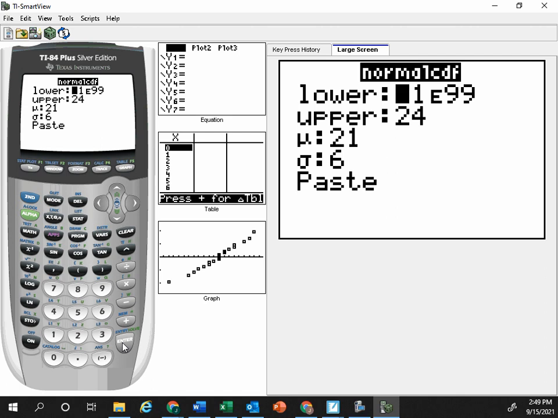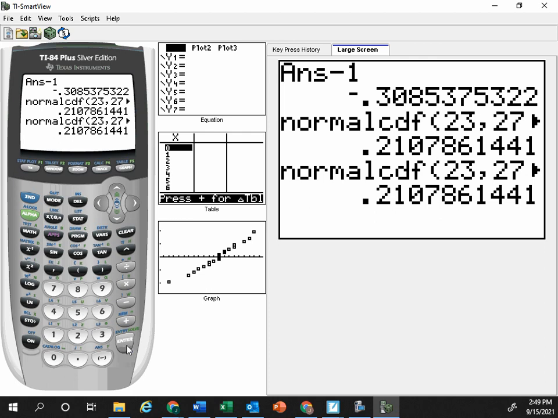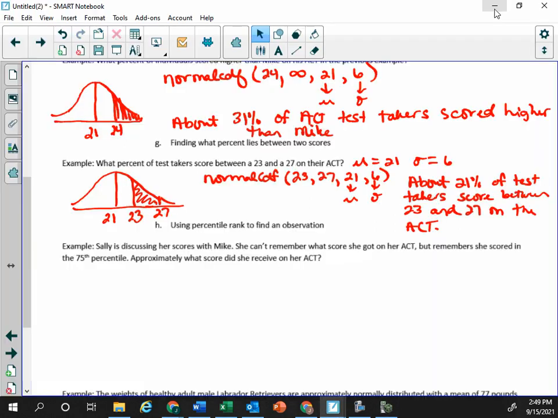So your lower was the score of 23, while the upper was the score of 27. And then they told you the mean was 21 and the standard deviation is 6. Are you okay with that part? Okay. And then, oh, okay. I pushed enter a bunch. Is it working? Okay, awesome. Other questions on using the normal CDF?